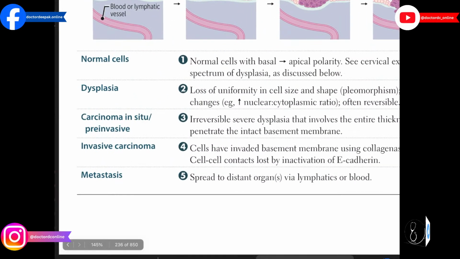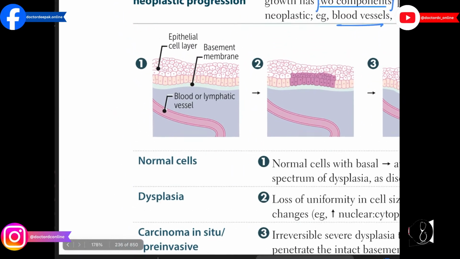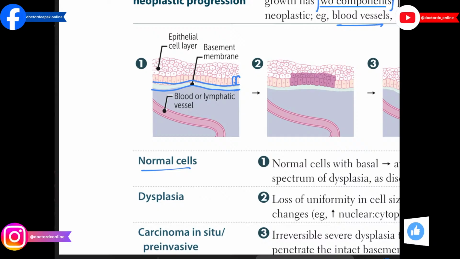If you see, the book gives a diagram of a normal structure. It has a basement membrane with apical polarity, meaning a proper sequence and a proper arrangement of cells, with a normal nucleus and cytoplasm relation.